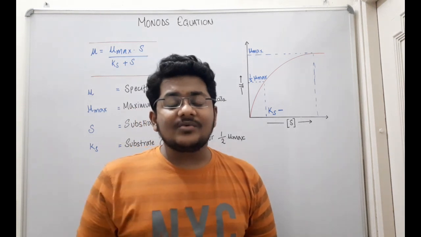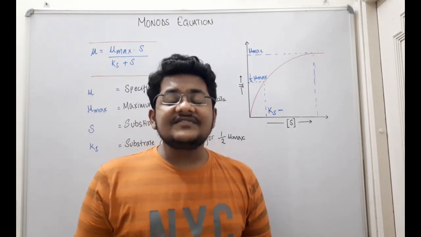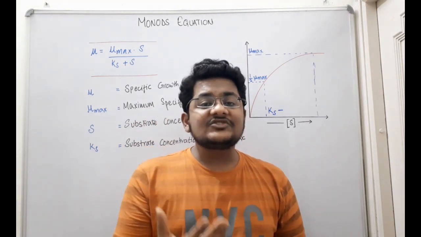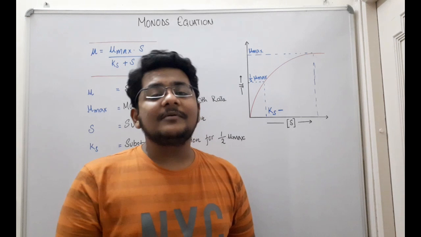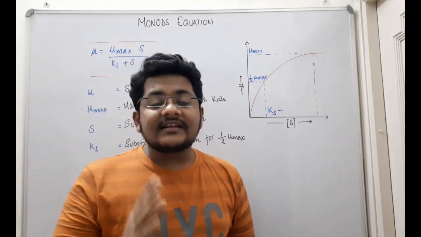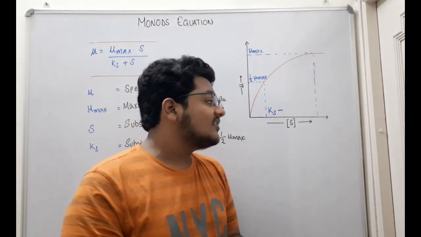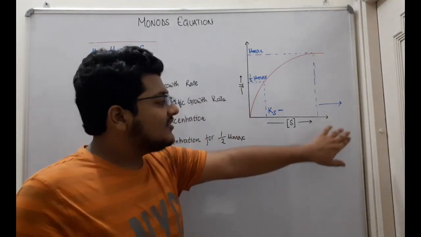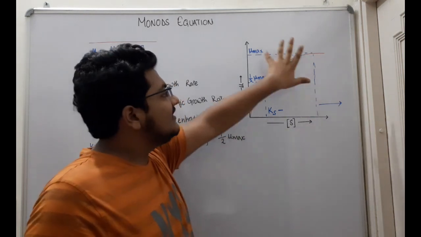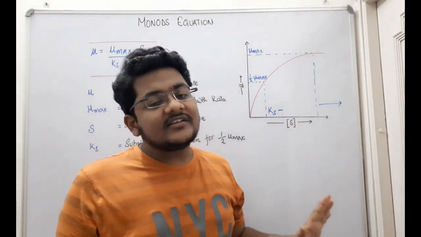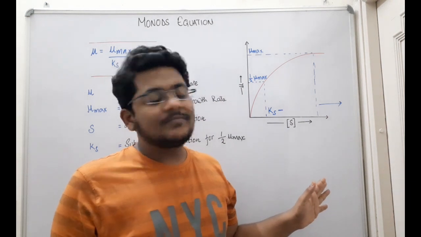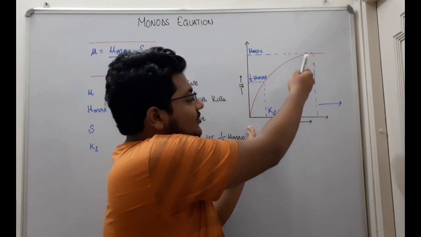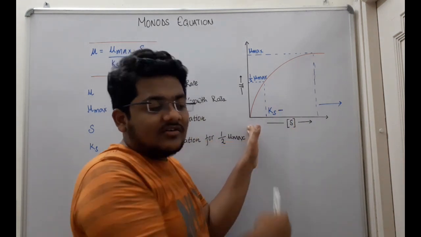So when does specific growth rate become independent of substrate concentration? When the substrate concentration is beyond this level. Once it comes below this level, the specific growth rate is going to decrease with the decrease in substrate concentration.